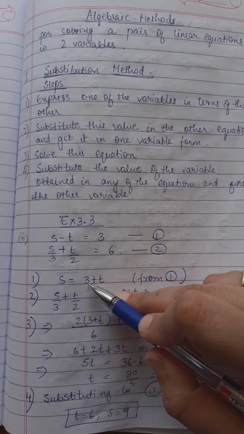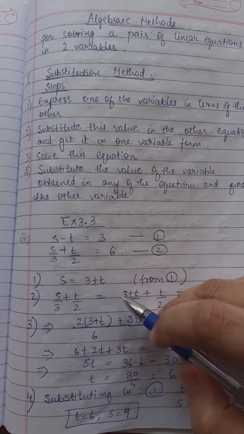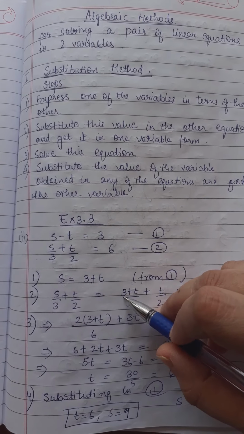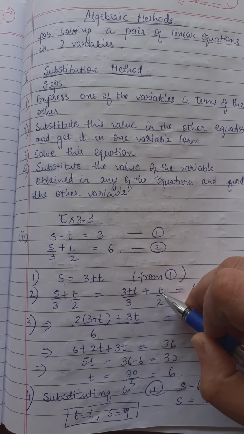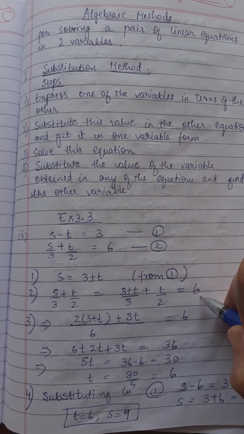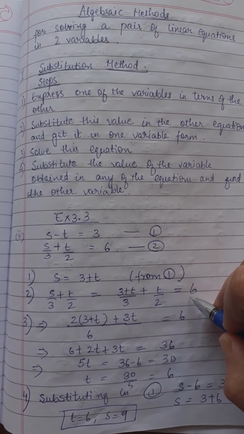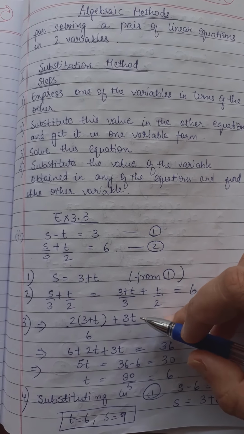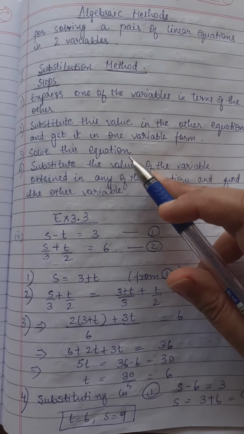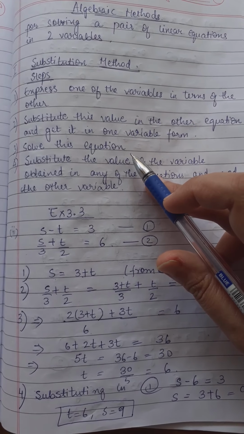If I put the value of s equal to 3 plus t, this equation will become (3 plus t) by 3 plus t by 2 equal to 6. Now this equation is in single variable form, that is in variable t. So third is solving that equation.